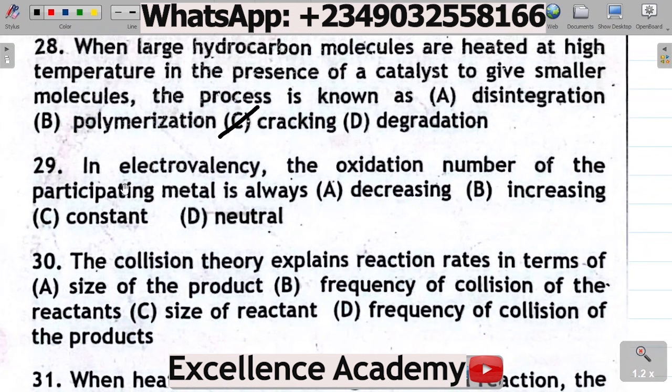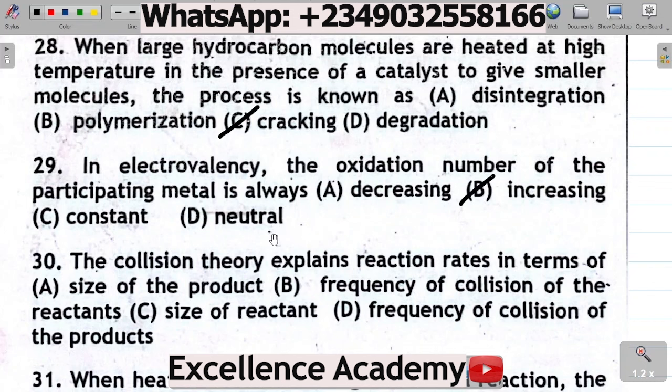Question 29. It says, in electrovalency, the oxidation number of the participating metal is always A, decreasing, B, increasing, C, constant, D, neutral. For this question 29, the correct answer there is B, increasing. So please take note that during electrovalency, metal loses electrons.